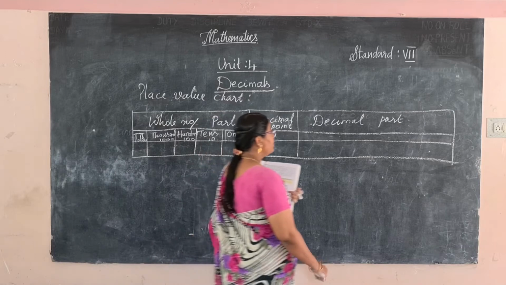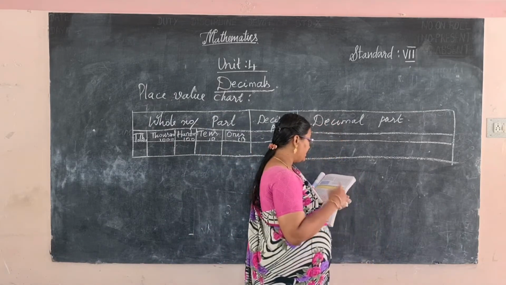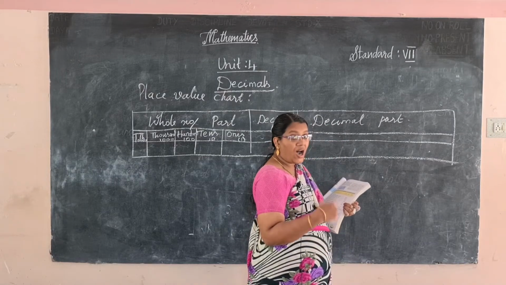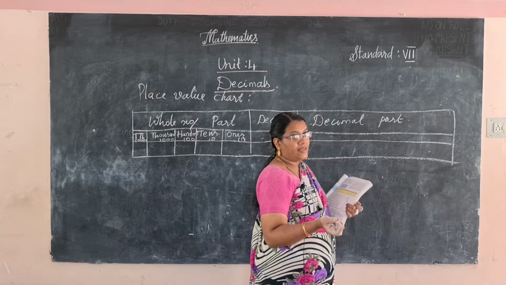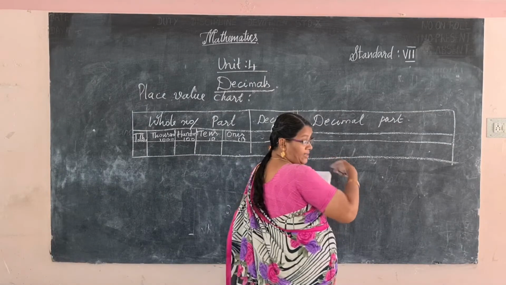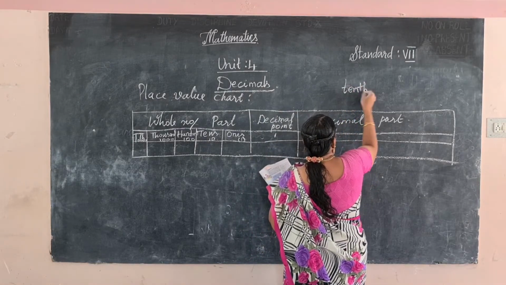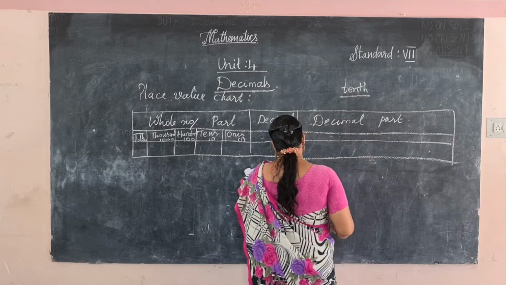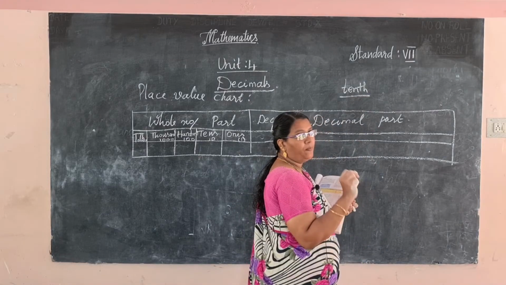Here the decimal part represents the place values on the right side of the decimal point: the tenth place, spelled T-E-N-T-H, the hundredth place, the thousandth place.